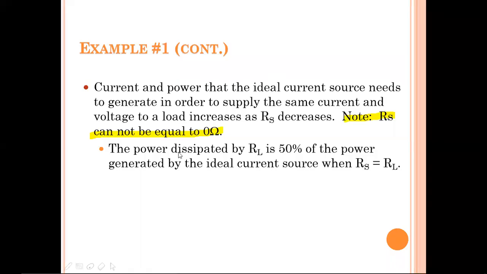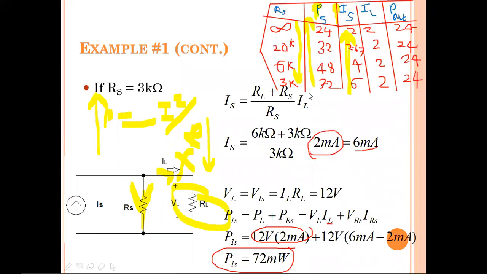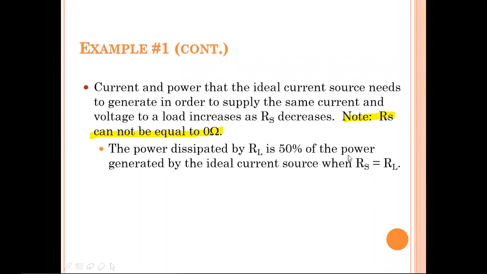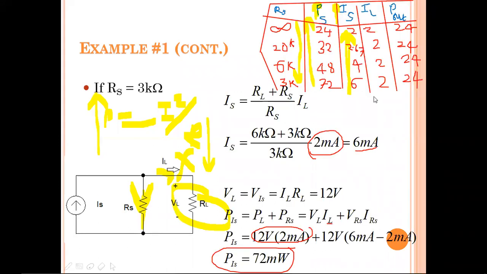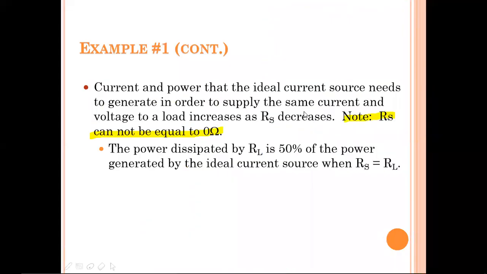And the power dissipated by RL is 50% of the power generated by the ideal current source when Rs is equal to RL. This point means, observe here, when 3 kilo ohms is there. When Rs is equal to RL, let me add my marker.